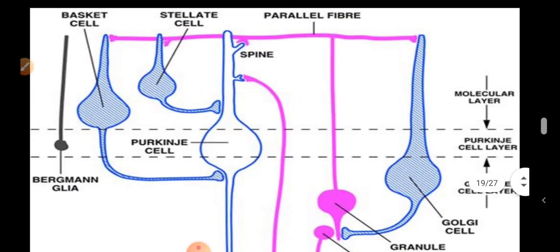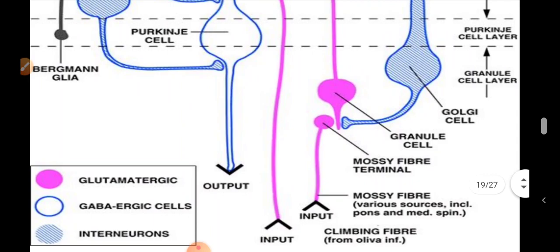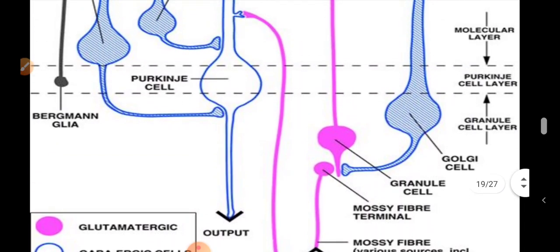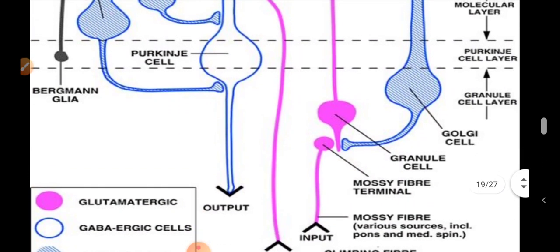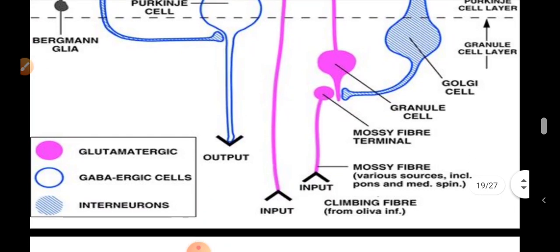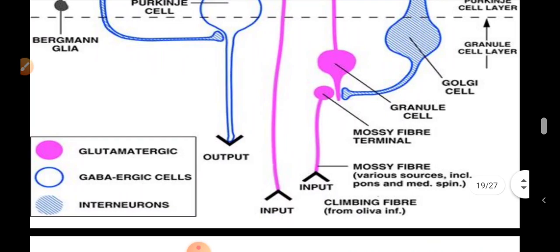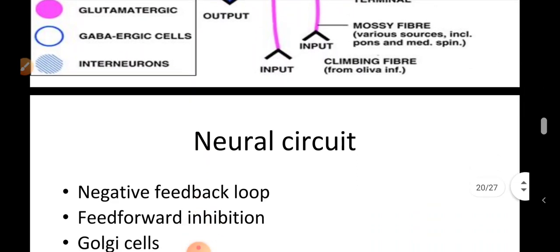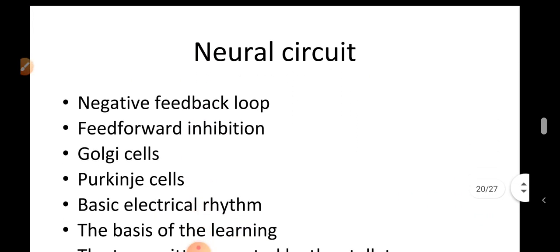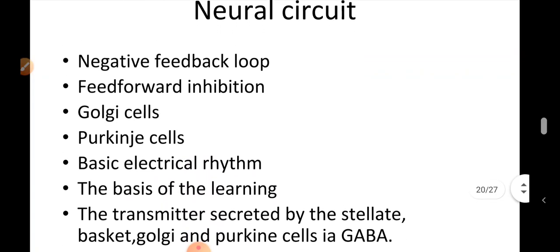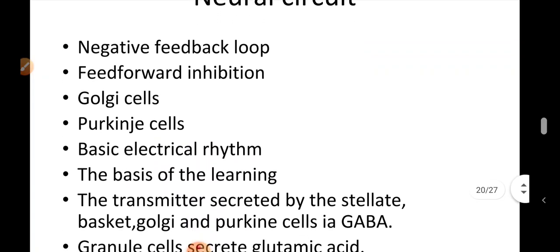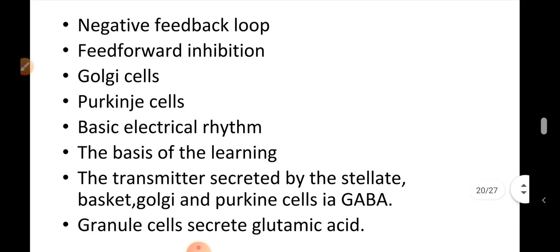So this is the neuronal circuit, and the output from here goes from Purkinje cells to the deep cerebellar nuclei and also to the vestibular nuclei. In the neural circuit we have seen the negative feedback loop, and feed forward inhibition of Purkinje cells and granule cells.